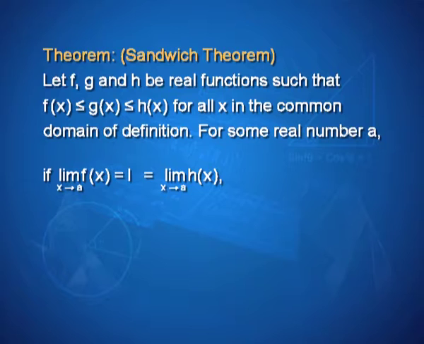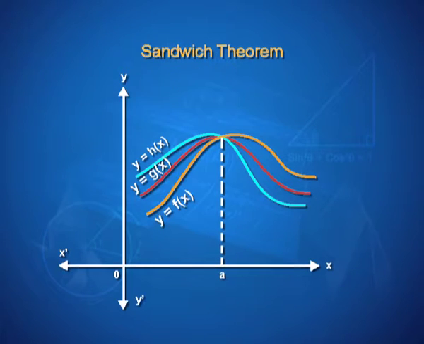If limit of f of x as x tends to a is equal to L, that is equal to limit of h of x as x tends to a, then limit of g of x as x tends to a is equal to L. This is illustrated in the figure.